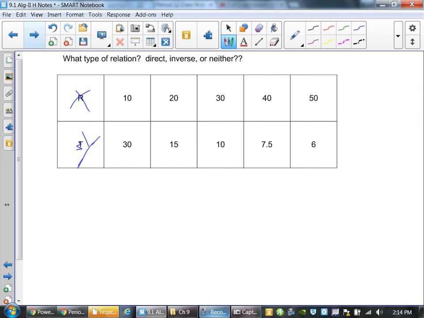Same idea, guys. Set it up as inverse, y equals k divided by x, and direct, and just check to see which one works.